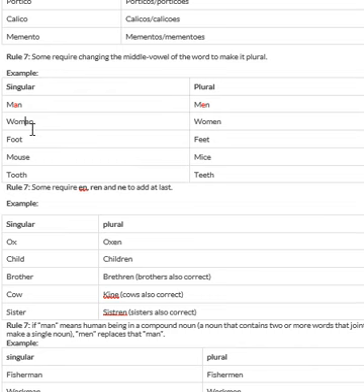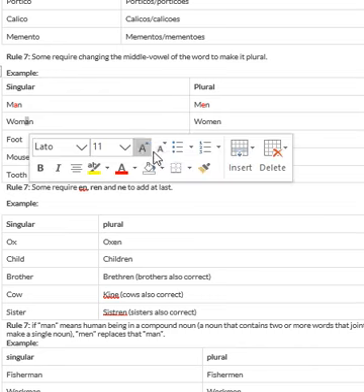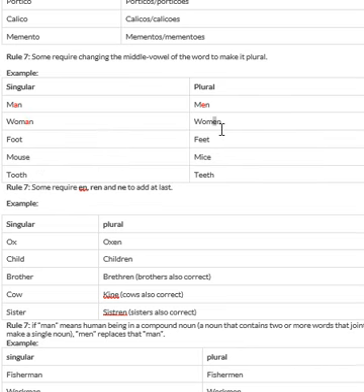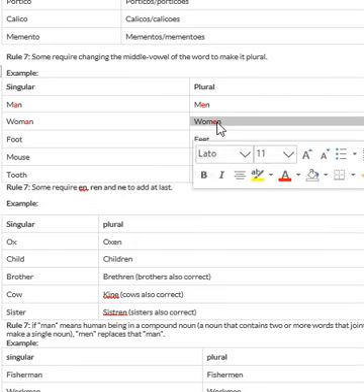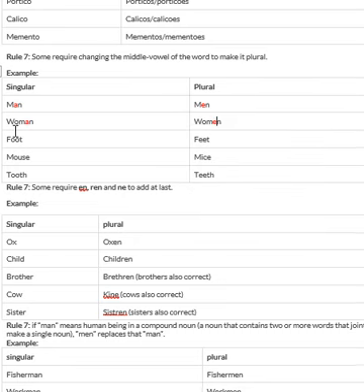Woman becomes women. Woman becomes women to make it plural. Only the vowel is changed to make the word plural. Foot becomes feet. The middle vowels are changed to make the words plural.